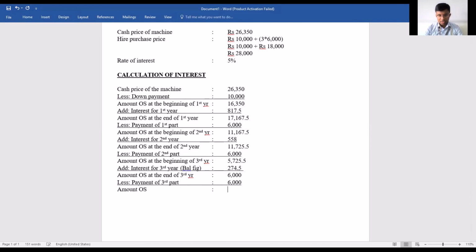So at the end, the amount outstanding ends up being 0. So we have completed the interest calculation for this particular question.